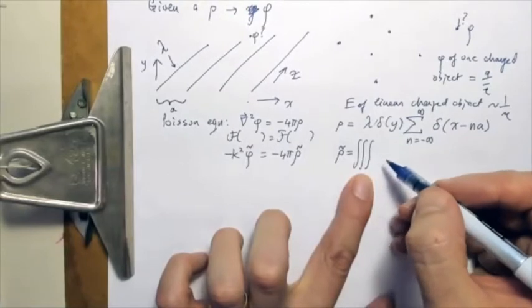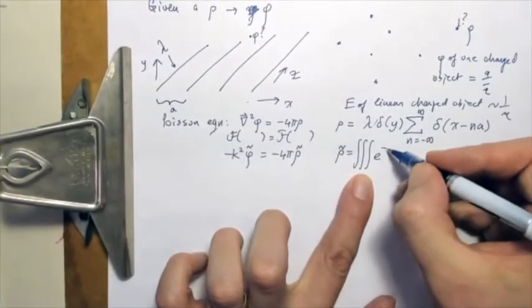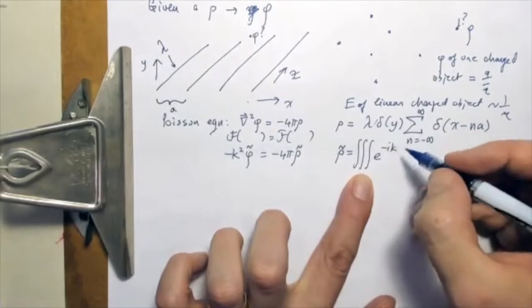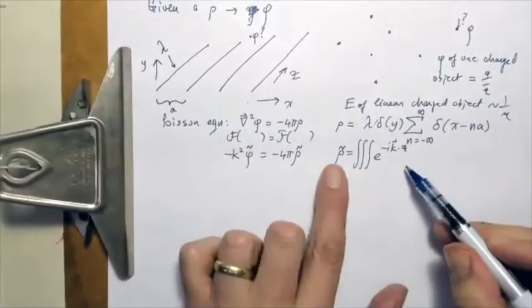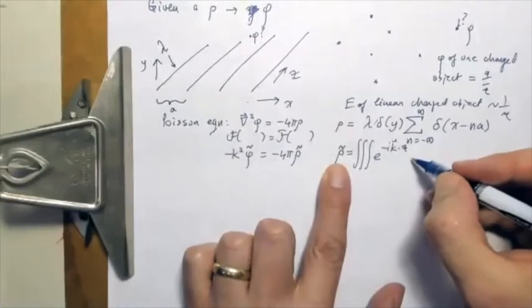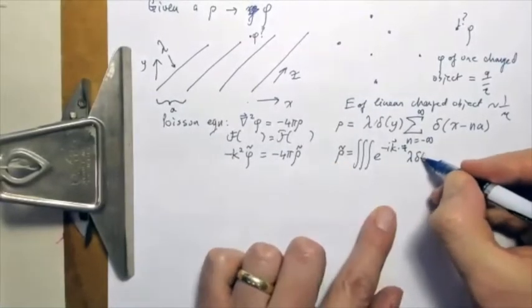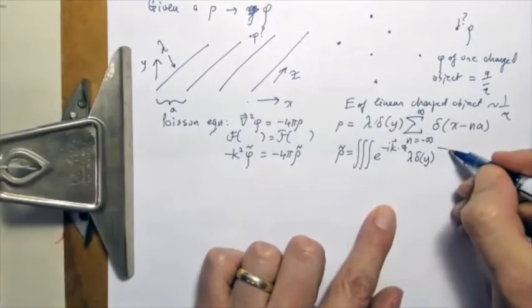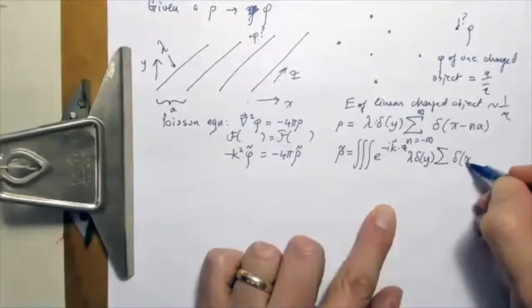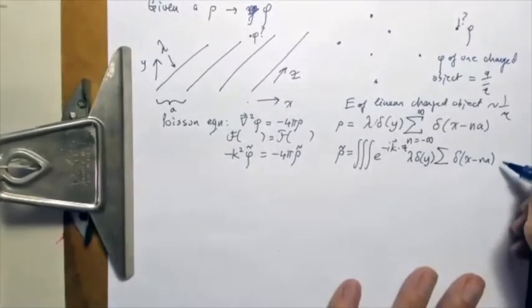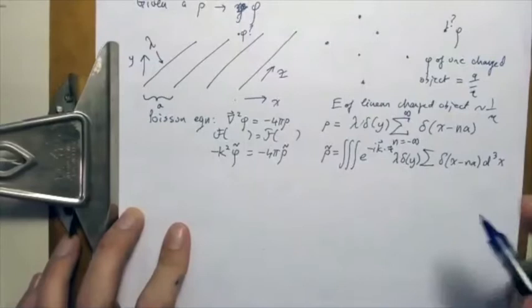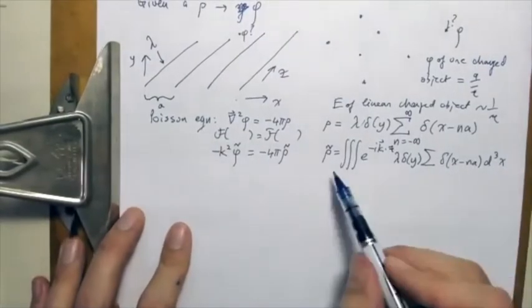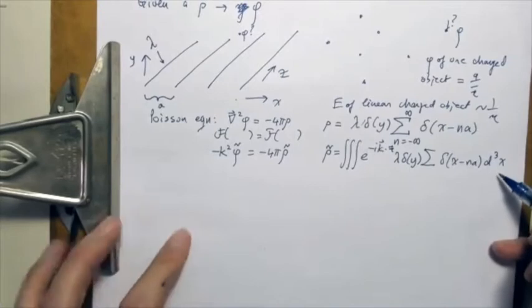So we take e to the power minus i k dot r, and now we need to transform lambda delta of y, sum of delta of x minus n a, integrating over all of the coordinates.